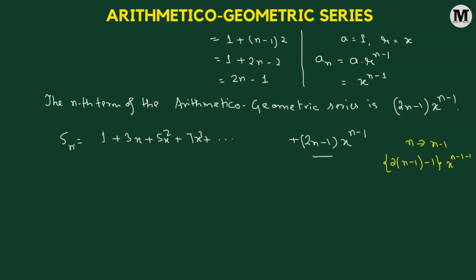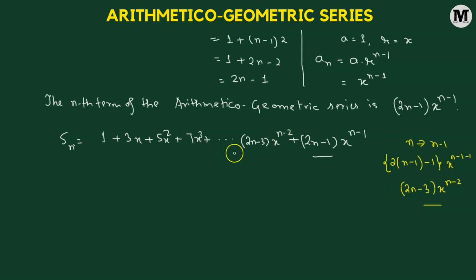When we simplify this, we get 2n minus 3 multiplied by x raised to the power of n minus 2. So this is the second last term of the series. So let's use this value: 2n minus 3 multiplied by x raised to the power of n minus 2.